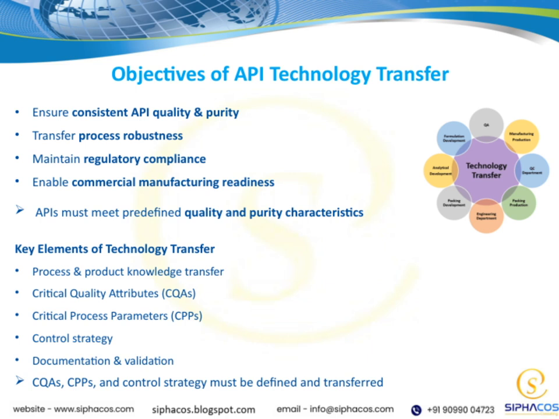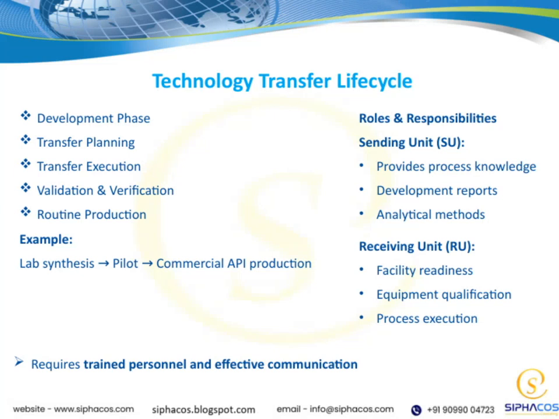Let's talk about the essential roles and responsibilities involved in technology transfer. First, we need trained personnel and effective communication at every step. On the sending side, or the sending unit, the focus is on providing in-depth process knowledge, sharing development reports, and outlining the analytical methods used.